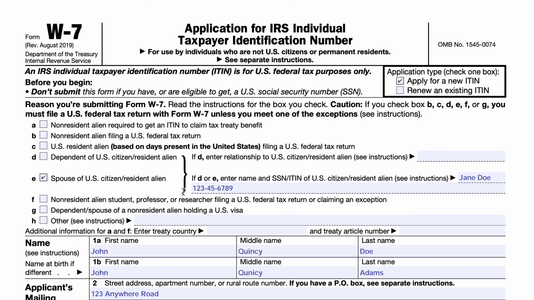At the very top, in the right-hand corner, you're going to check the application type. There are two reasons you would apply for an ITIN. Either you're applying for a new one, or you're renewing an existing one. So pick the appropriate one based on whether you have an ITIN that you need to renew for tax purposes, or if you're submitting a new application.